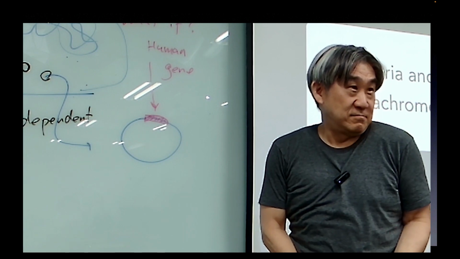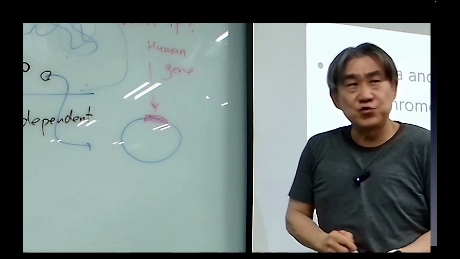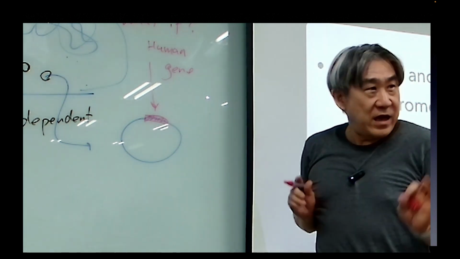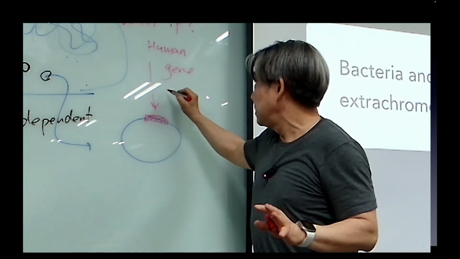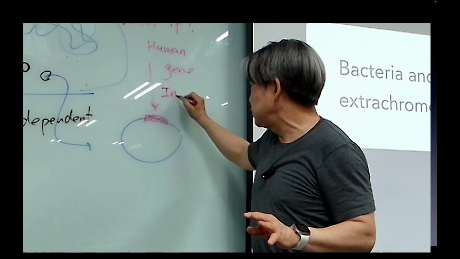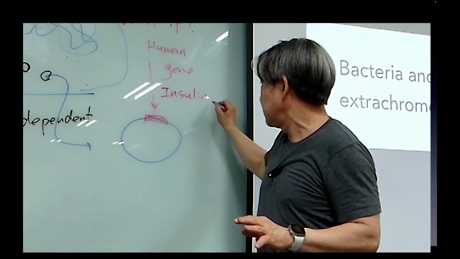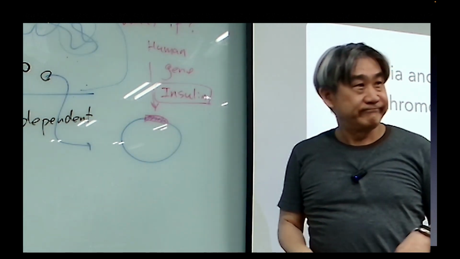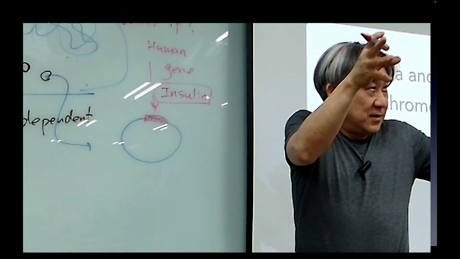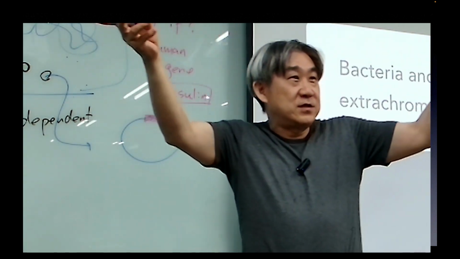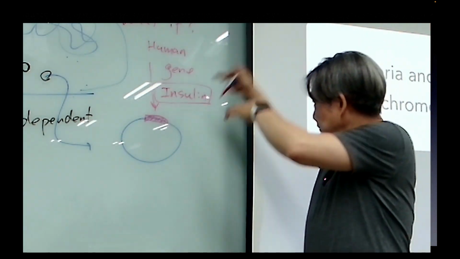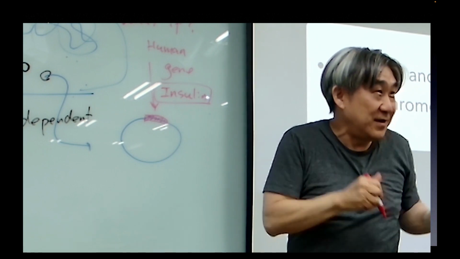Is it possible? So what kind of human gene do you want to try? Hey, how about insulin, the human insulin gene? I want to take out the human insulin gene and put it into a plasmid.